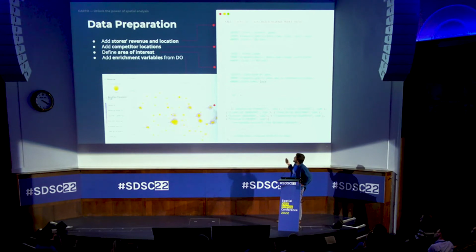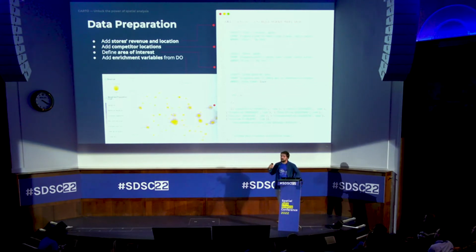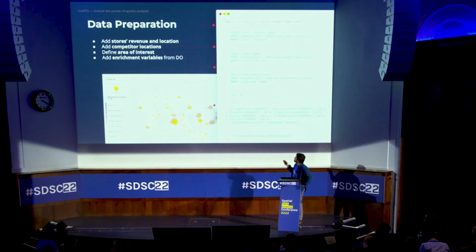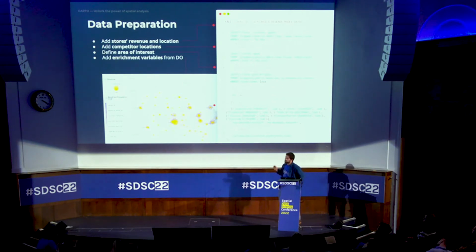You can also enrich all those cells in the area of study with variables from your subscriptions, or from other tables. Here we are making enrichments with population, retail, financial POIs, and tourism POIs, so a set of variables.